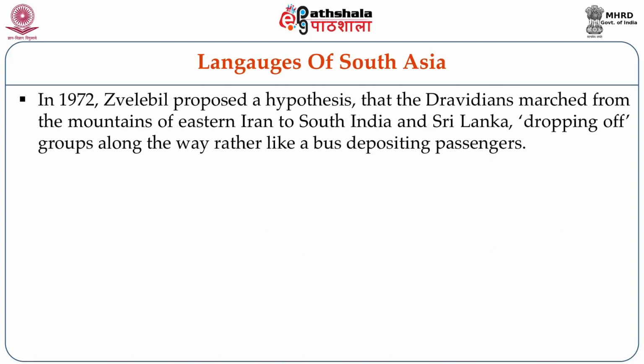In 1972, Zvelebil, a Dravidian scholar, proposed a hypothesis that the Dravidians marched from the mountains of eastern Iran to South India and Sri Lanka, dropping off groups along the way, rather like a bus depositing passengers.